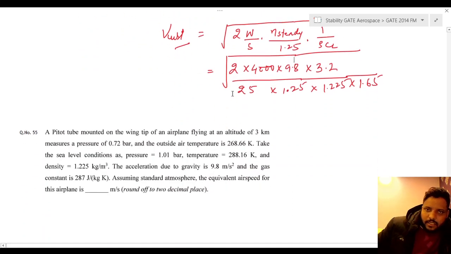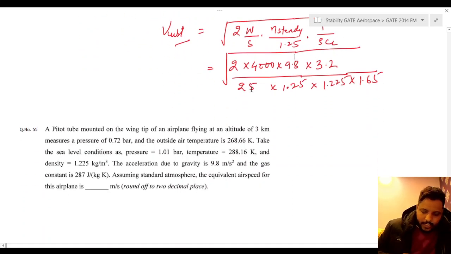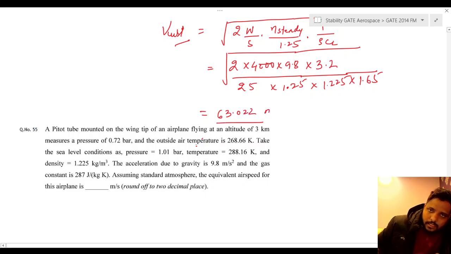So everything is given. Now if I go for the calculation, I get 63.022, which is the velocity for unsteady.